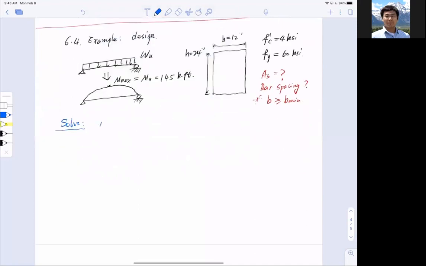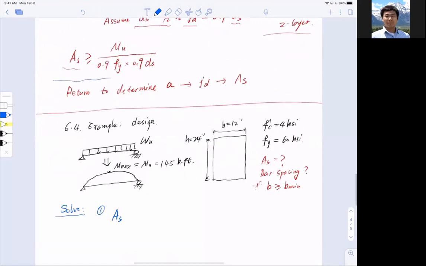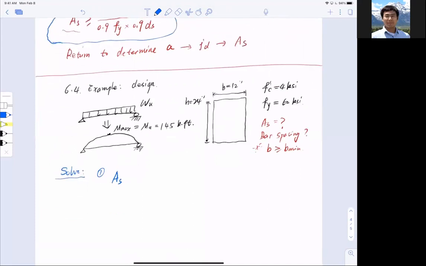But anyway, first step, I need to determine my AS and use the previous equation right here. I can write AS has to be greater or equal than Mu divided by phi Fy and d minus half a.